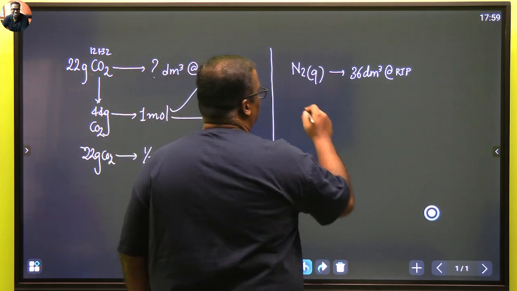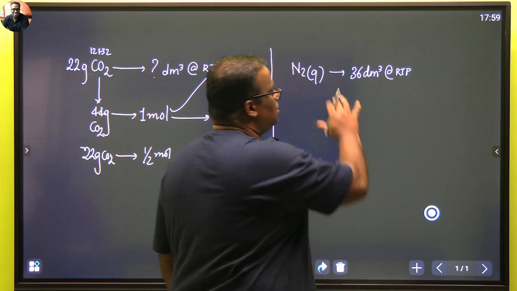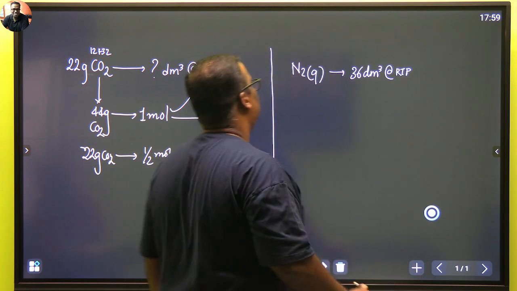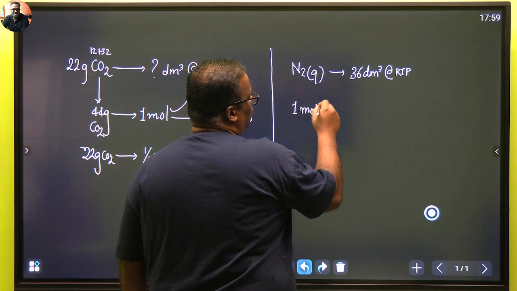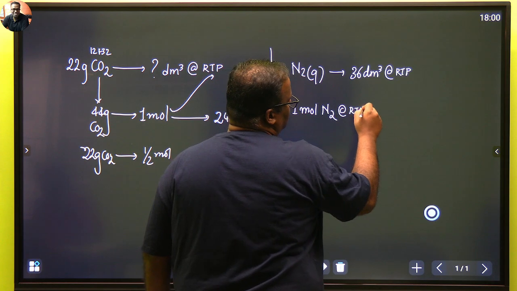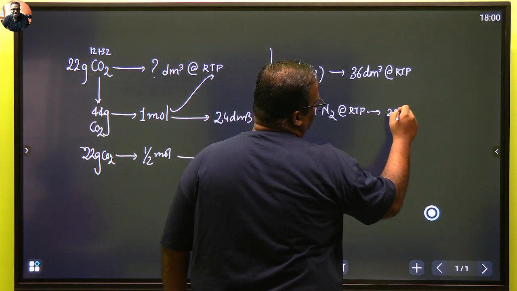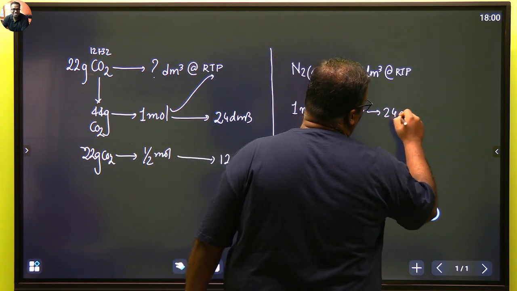So you have got 36 dm cube of nitrogen at RTP. So what is the basic equation? 1 mole nitrogen at RTP should occupy how much? 24 dm cube.